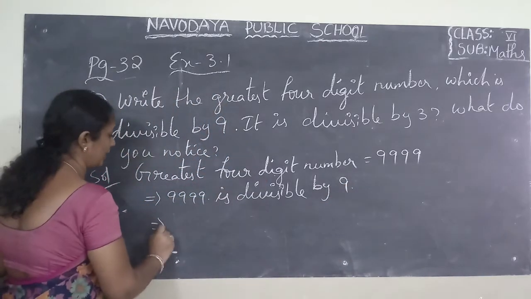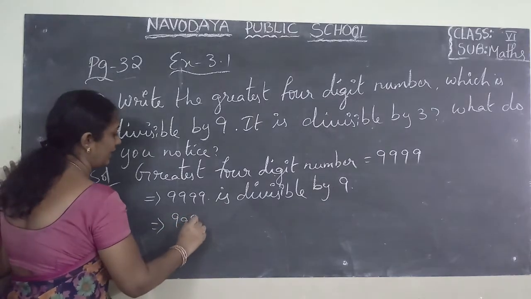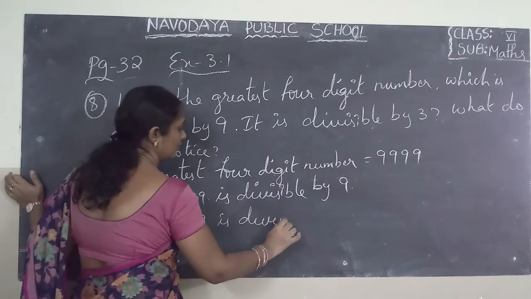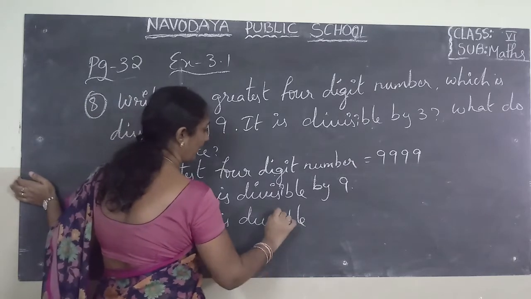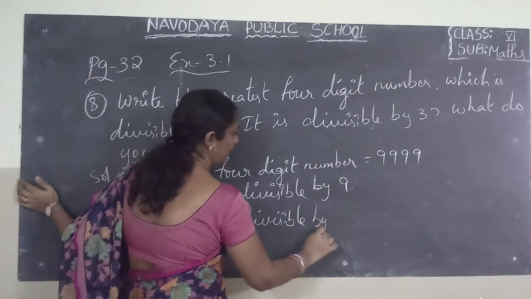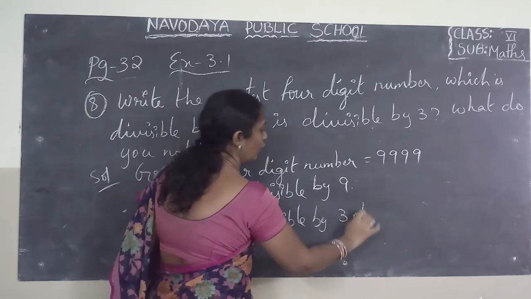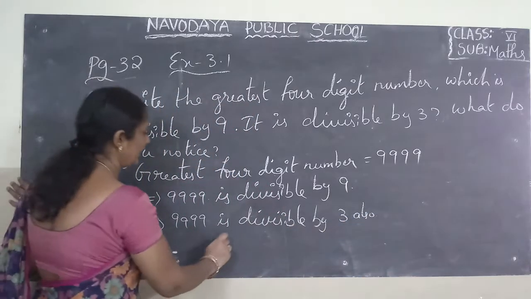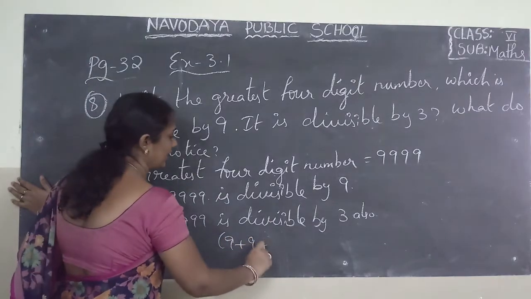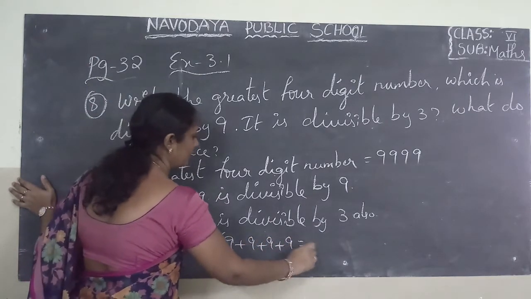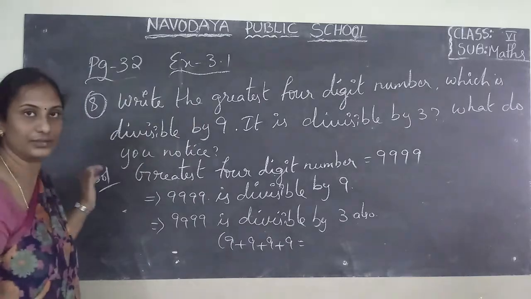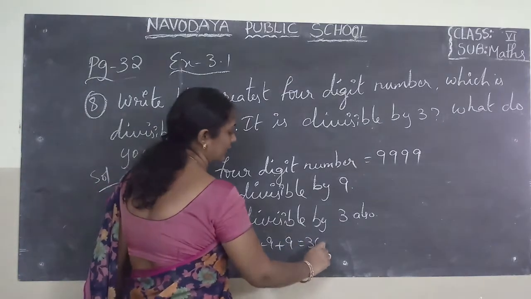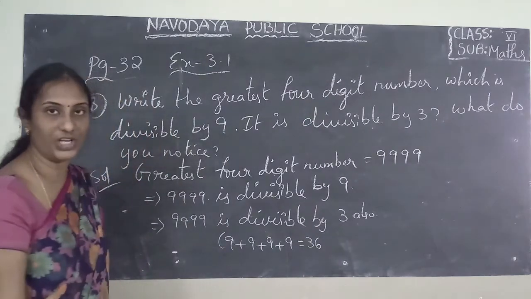Again, it is divisible by 3. Again, we have to check. 9,999 is divisible by 3 also. Okay. Now let us see, 9 plus 9 plus 9 plus 9 equal to, 9 fours are 36. 36 is a multiple of 3 or not?